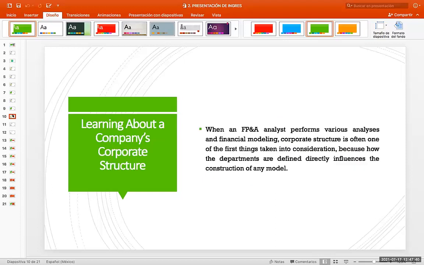To know more about corporate companies, it's important to define that when we perform an analysis, how the departments are defined directly influences the construction of any model.